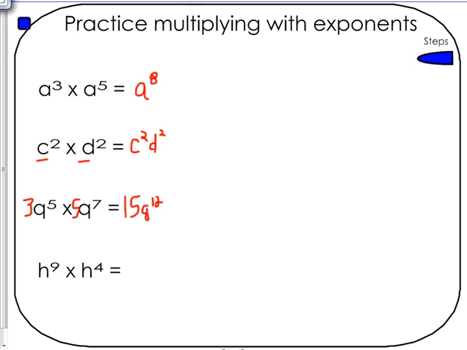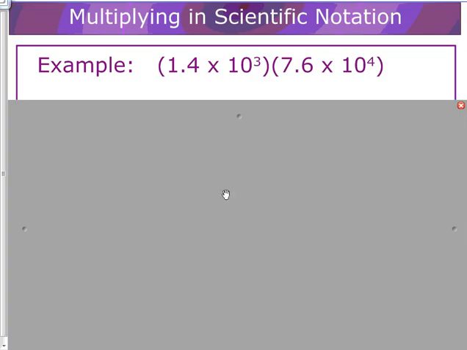All right, so yesterday we talked about scientific notation, and as you recall, scientific notation is just a really good way to write really, really big numbers or really, really small numbers. Okay, so we can actually multiply two scientific notation numbers together. So for example, we have 1.4 times 10 to the third power times 7.6 times 10 to the fourth power.